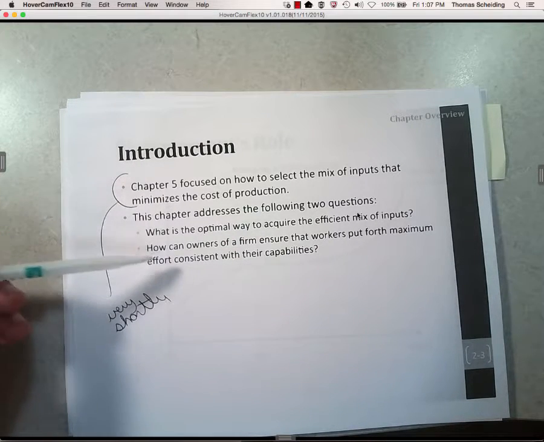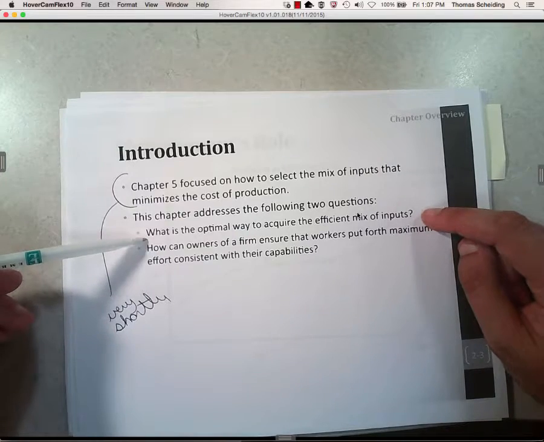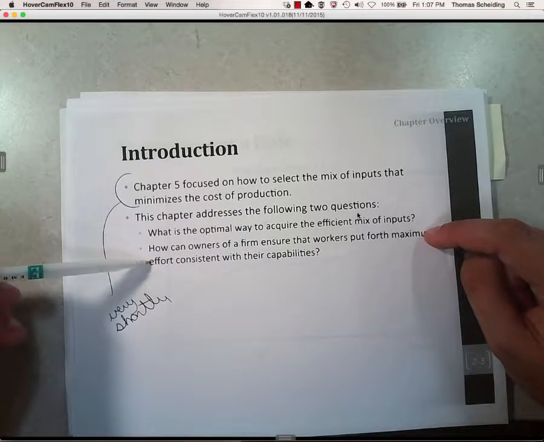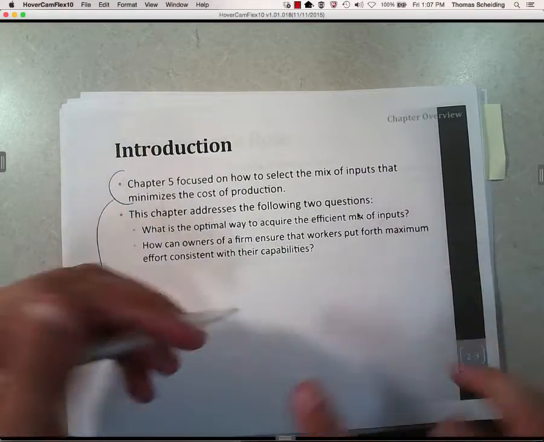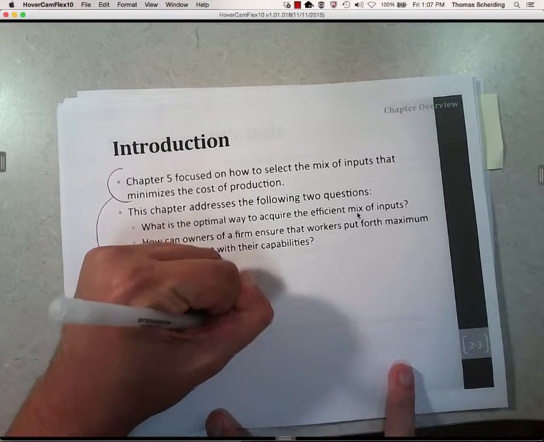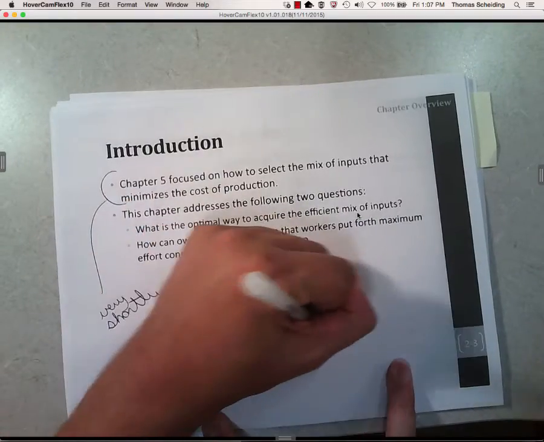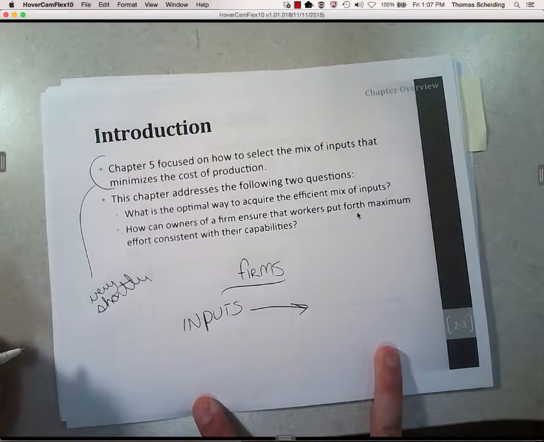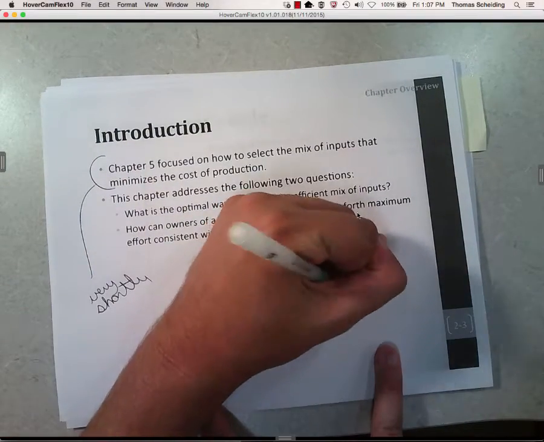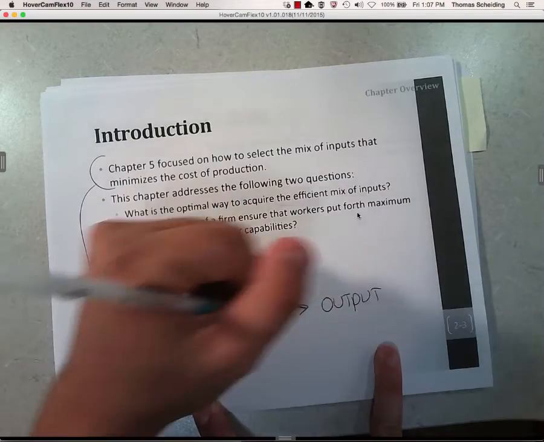But this chapter specifically is, how do I take in the inputs? How do I make sure that I get that conversion process going? Again, the idea is, what do firms do? Firms convert inputs to outputs.